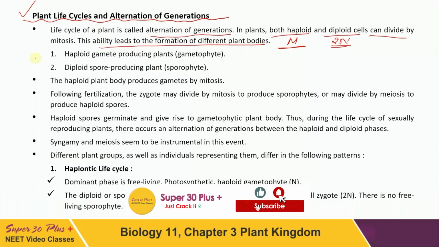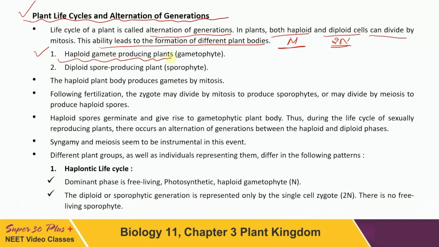Important point: the plant body which produces haploid gametes is known as the gametophyte, as the name indicates, and the spore producing body is diploid. The spore producing body is known as the sporophyte. So in sexually reproducing organisms, especially in plants, both the n and 2n stages exist.